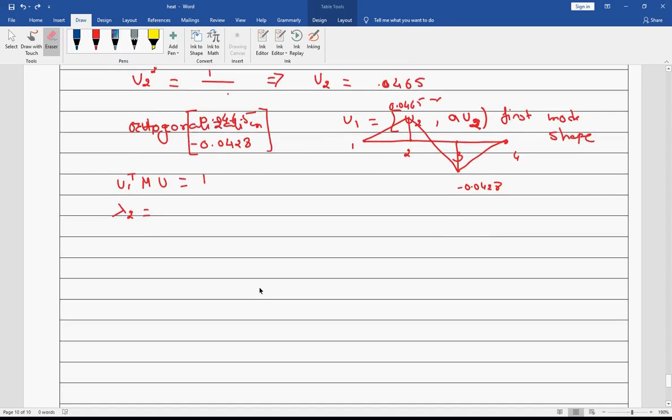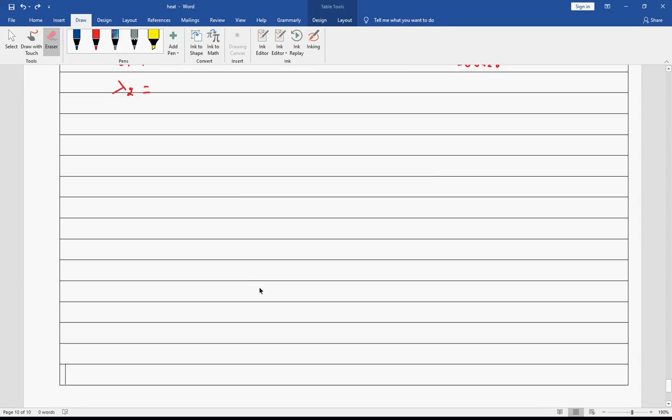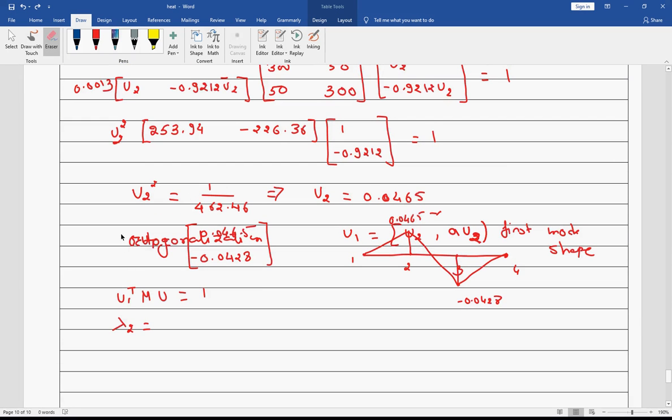So I need that value basically. So it is 462.46 into 0.0013. So, 1 by x and root of this. So 1.289.